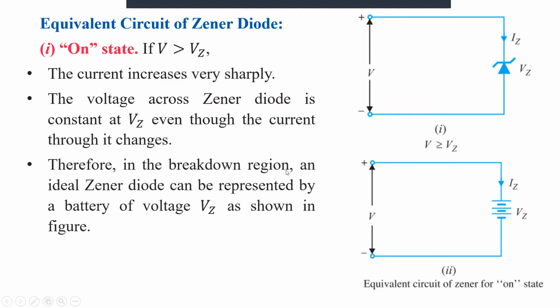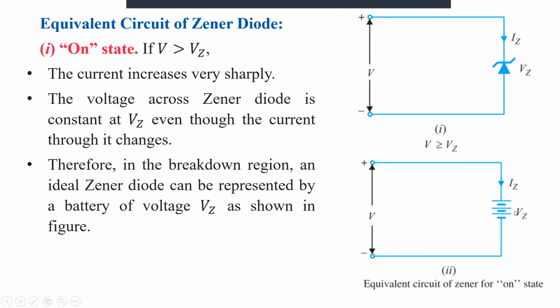Therefore, in the breakdown region, an ideal Zener diode can be represented by a battery of voltage Vz as shown in the figure. Since the voltage across the Zener diode remains constant, the Zener diode just acts like a constant voltage source having the voltage Vz.